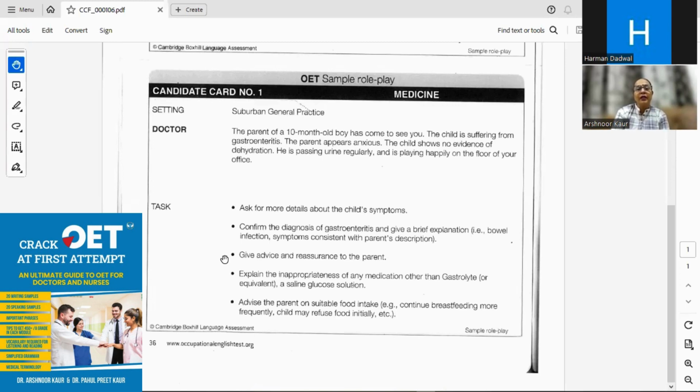Here, to make the child comfortable, you have to tell the mother, Sophia, give him mother's feed more frequently, as a child will feel more comfortable in the lap of the mother while breastfeeding. Along with that, you have to suggest the patient give him gastrolyte or any saline glucose solution to keep the child hydrated.